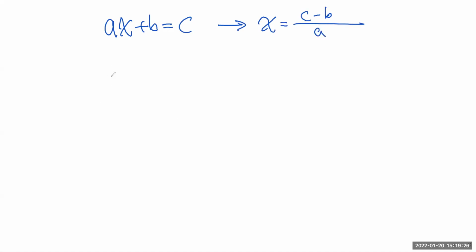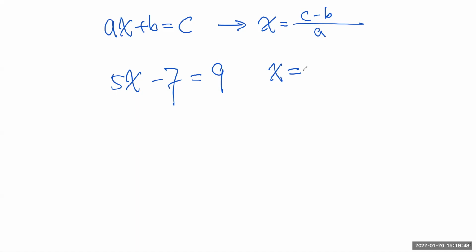Okay, so let's see. 5x minus 7 equal to 9. So what is our x? Okay, let's see here. So c minus b over a.